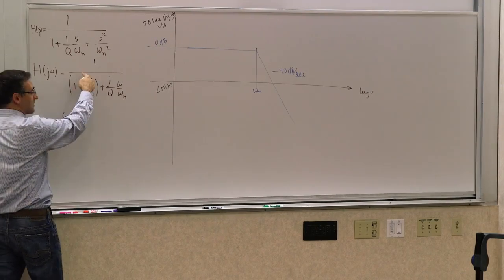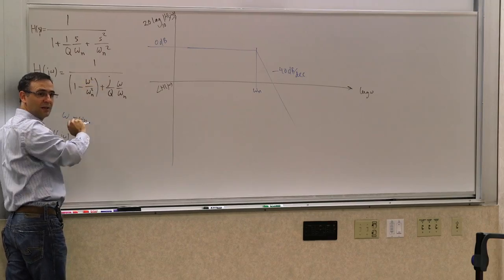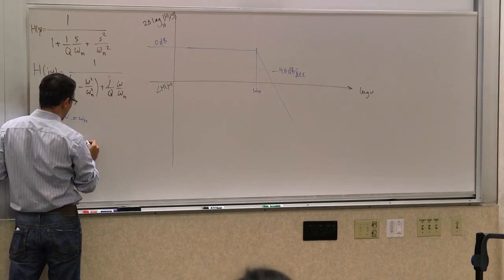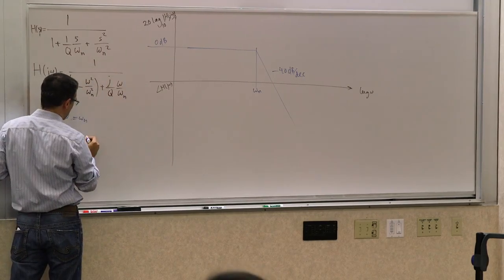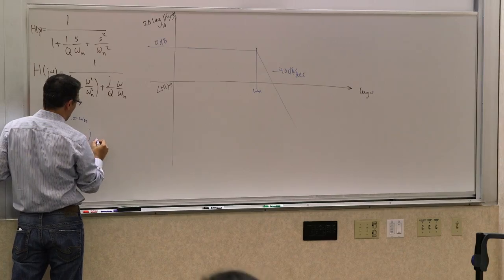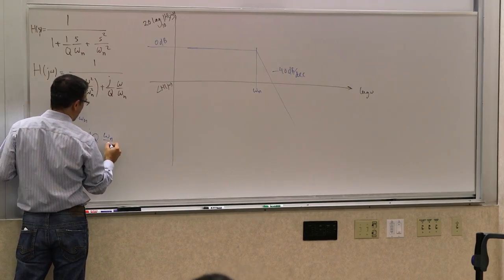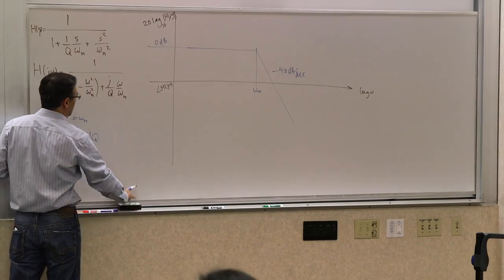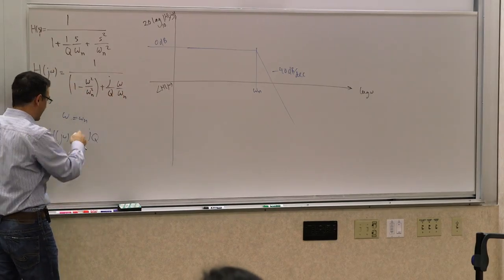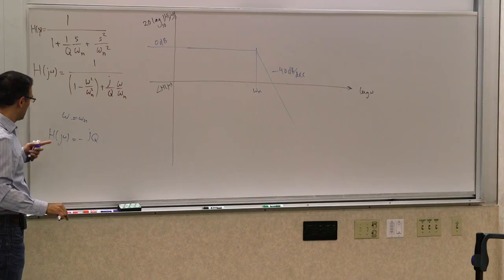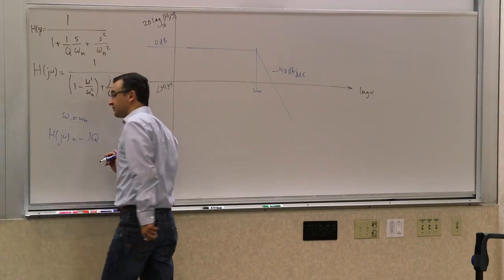The real part disappears. So what you're left with is 1 over this, which I can write as negative j Q, because omega n over omega n is 1. This ratio is 1 at omega equals omega n. So it becomes negative jQ.